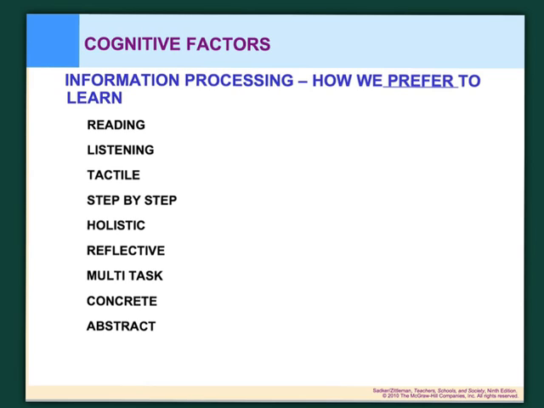Reflective, being able to step back and think reflectively about what one is doing or why one is doing it. Multitasking, doing several things at once. A concrete thinker and abstract thinker. Concrete thinkers tend to be very sort of lineal. Abstract thinkers look at many different things that might have something to do with the problem at hand. So cognitive factors.